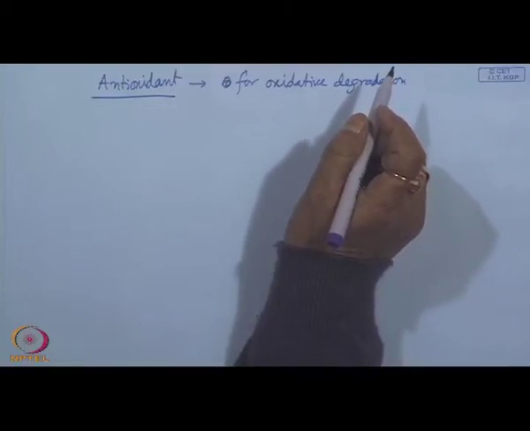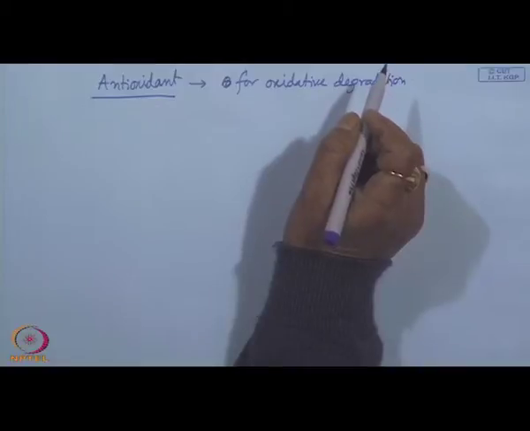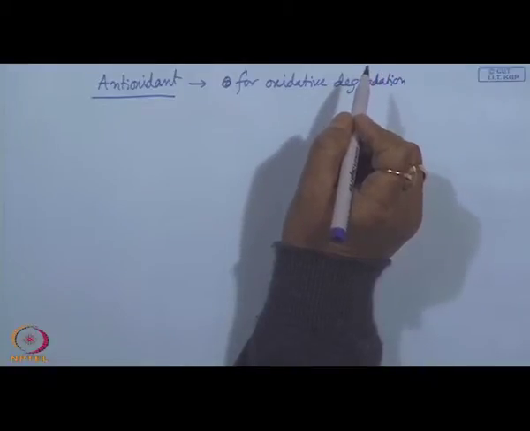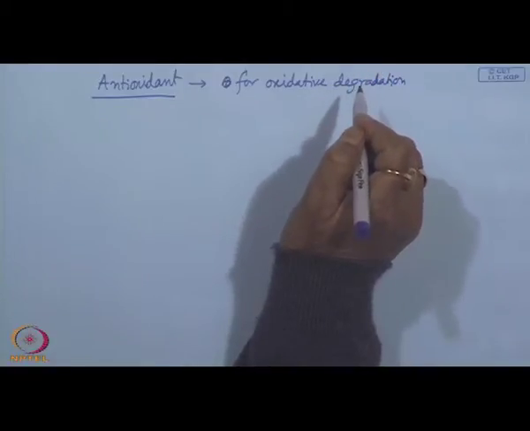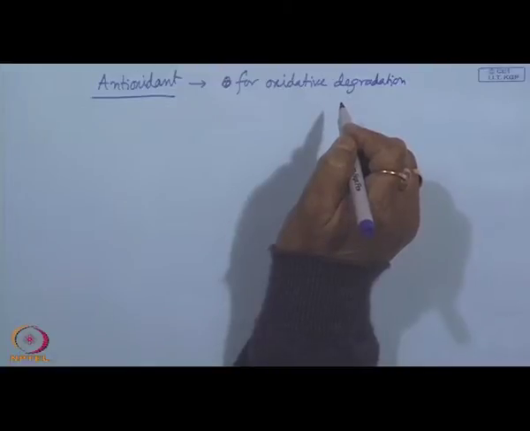Rubber products are exposed to air which contains oxygen. So, slowly oxygen will degrade the product. That degradation should be prevented by the presence of some compound, so that the life of the rubber product is prolonged. Those are known as antioxidants.